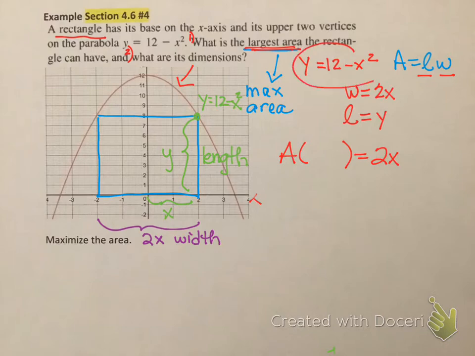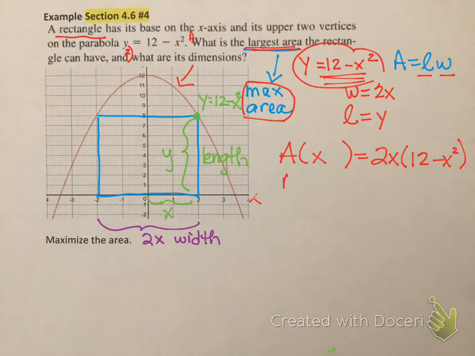And I have y. Y is 12 minus x squared. So I have set up a function in terms of one variable, only one. I know that to try to maximize this area, I need to take this derivative.